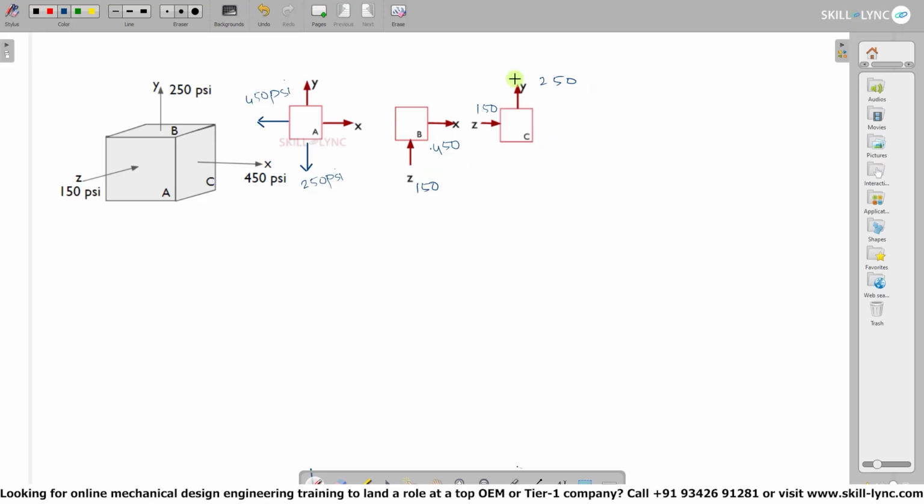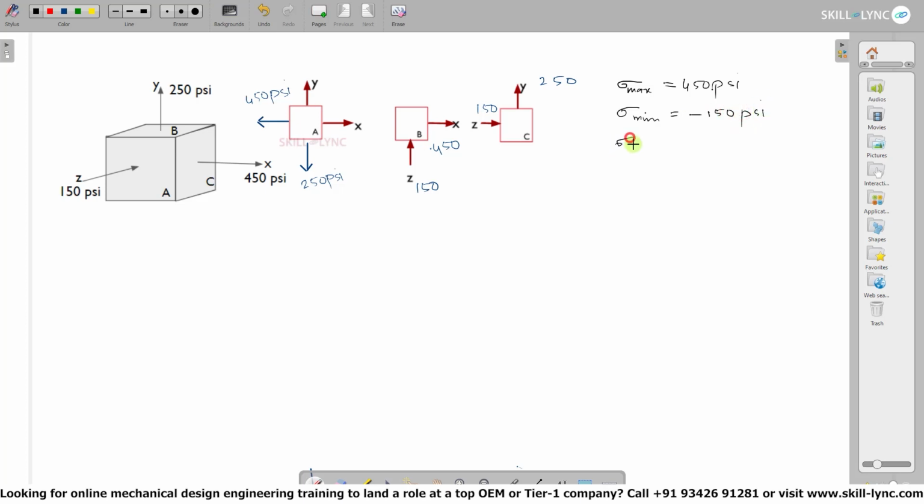So here we can say that our sigma maximum, which is the maximum stress, is 450 psi, and our sigma minimum is the z direction stress, which is 150, and we know that it's an inward stress, so it's negative 150 psi.